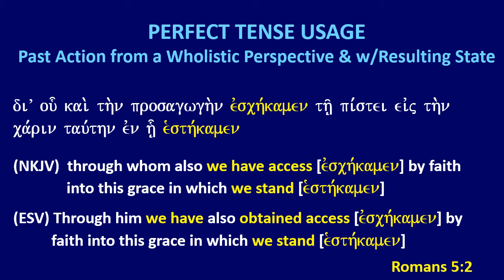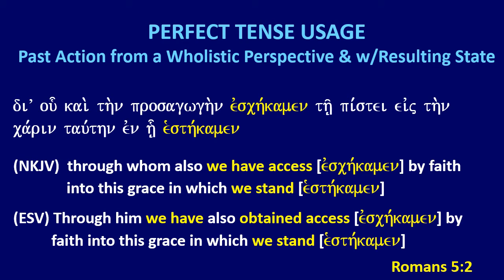And I say that because sometimes when you hear definitions for tense forms, as I've given you some clarifications or qualifications in the past, that the imperfect tense form doesn't always mean ongoing action in past time. Well, we can't say that the perfect tense always underscores present significance from a past action. I've just shown you two examples out of the 11% of all New Testament uses where the emphasis is clearly on the past action.